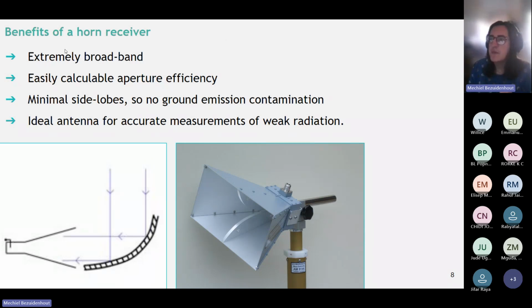This one can observe any kind of frequency. And it's very easy to calculate the aperture efficiency to model the signal of the beam. There are minimal side lobes and no ground emission contamination because it's so directional. And this makes it the ideal antenna for accurate measurements of weak radiation.